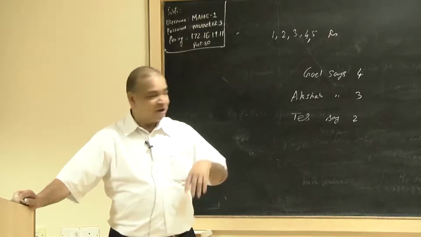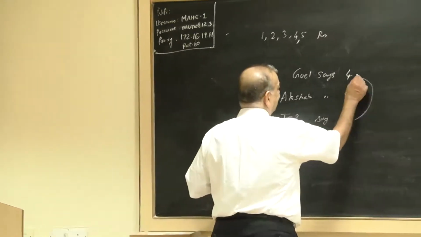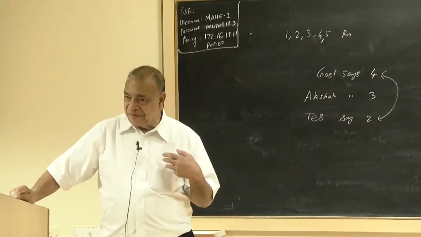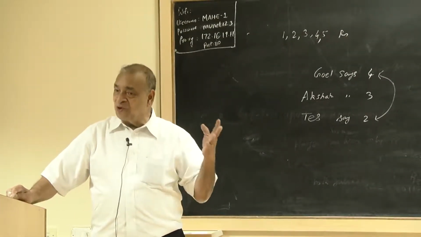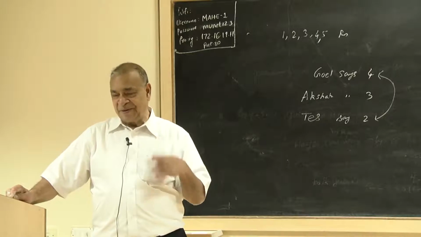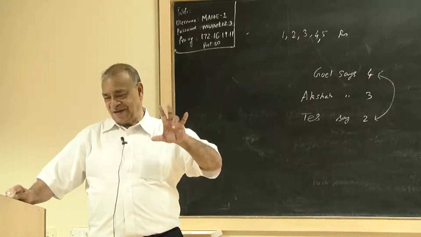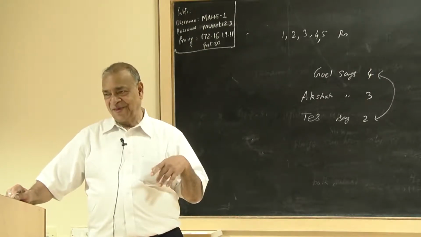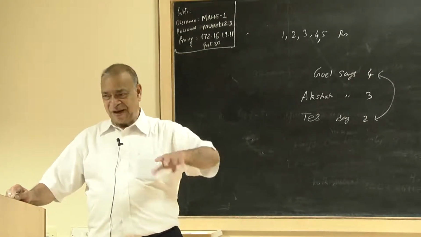How about 2 and 4? Let's compare these 2. If it is 1 or 2, I will win. If it is 3 or 4, you will win. If it is 5, no one. So it is a symmetric thing. We have equal power between 2 and 4. So all these things are going back and forth.